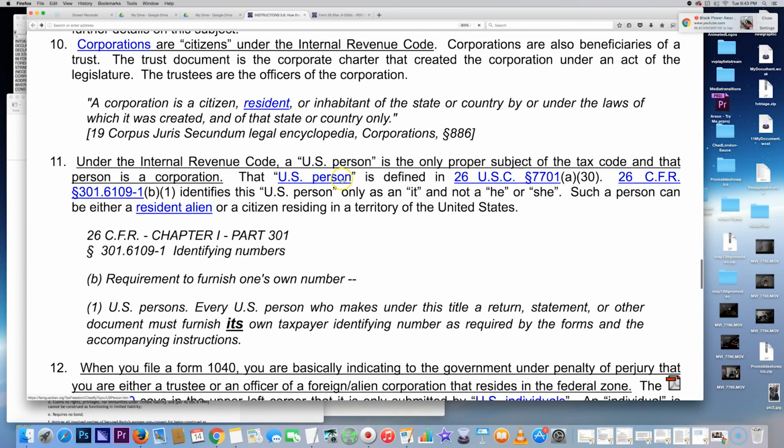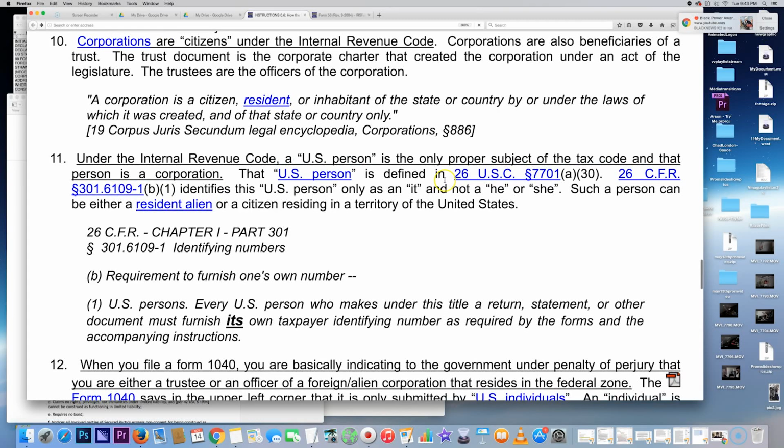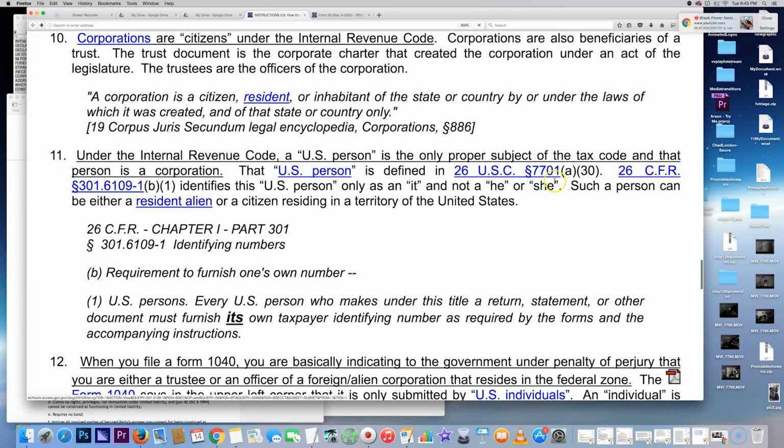That U.S. person is defined in 26 United States Code, Section 7701. Also 301.6109, which identifies a U.S. person only as an it.